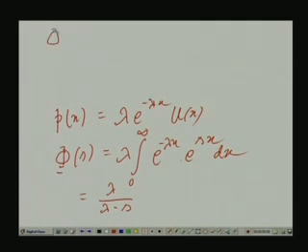If you differentiate, you have lambda minus s to the power minus 2; a minus sign comes, that gets cancelled because another minus comes from here.